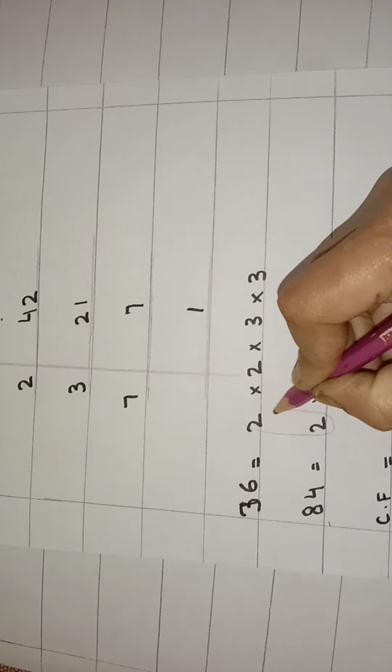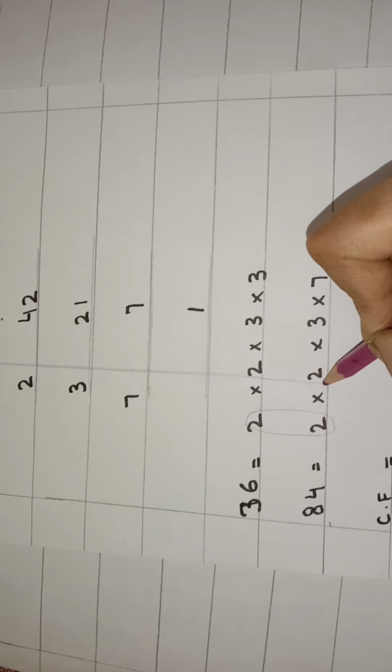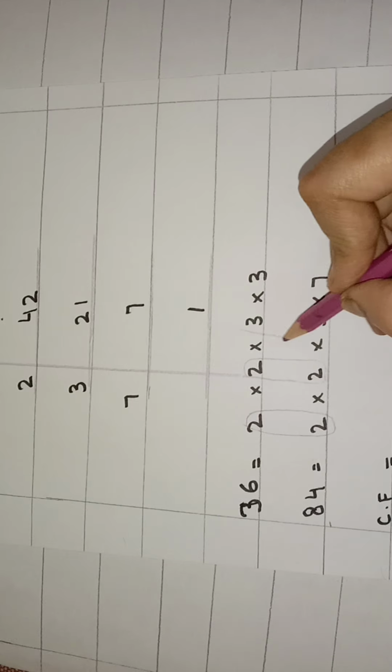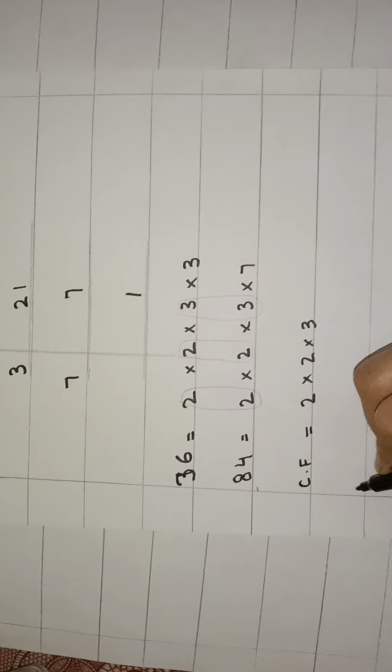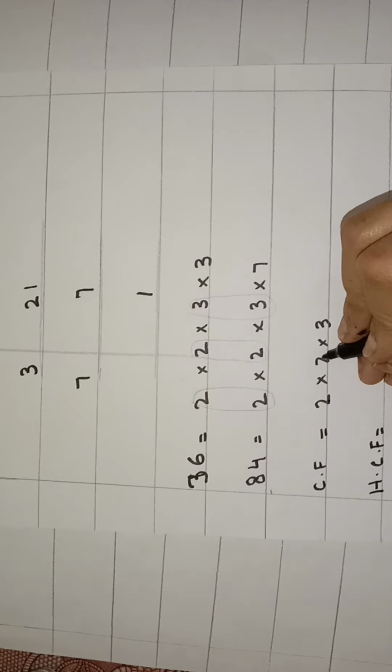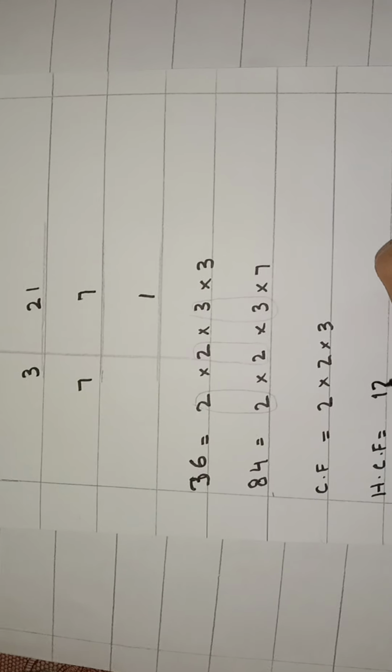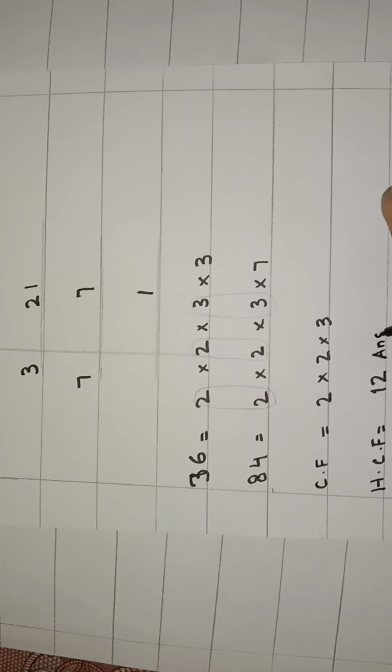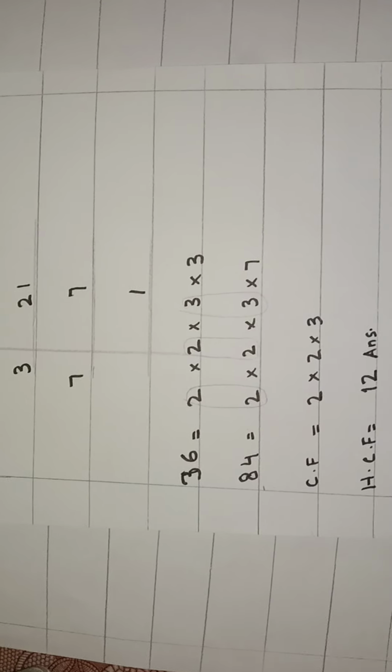Now we have to find the common factors, which are 2, 2, 3. So the common factors are 2 into 2 into 3. So the highest common factor HCF is equal to 2 twos are 4, 4 threes are 12. So 12 is our answer.